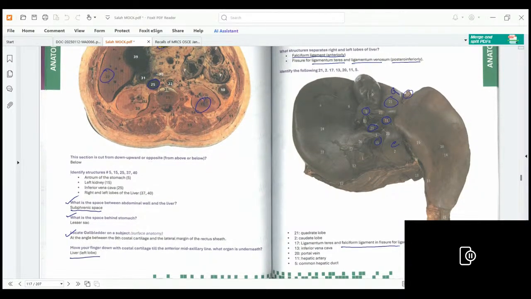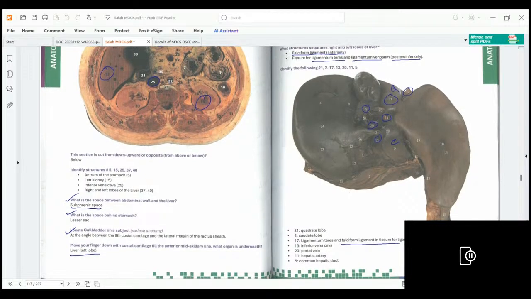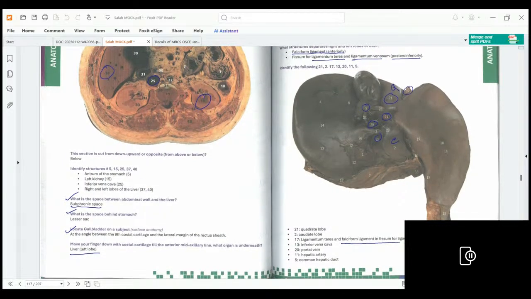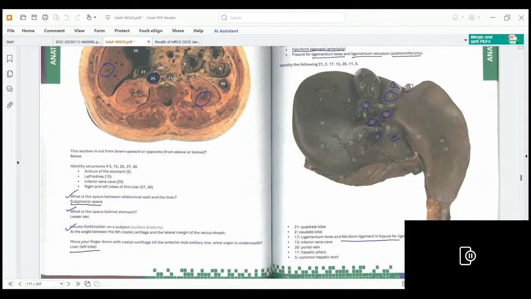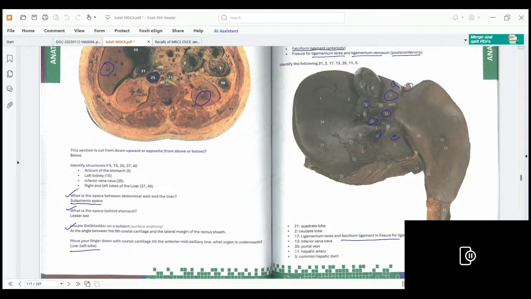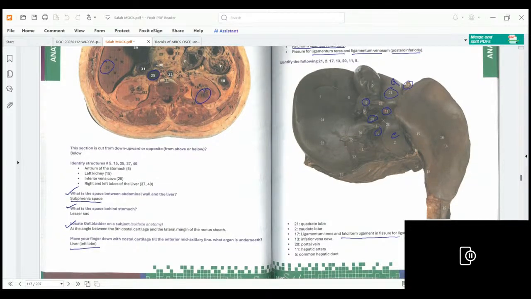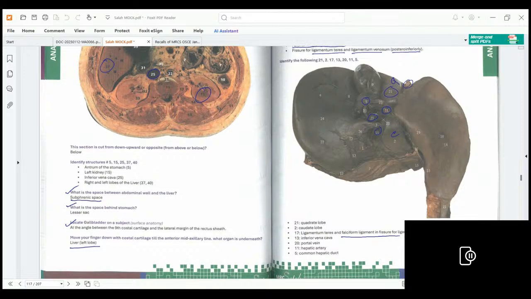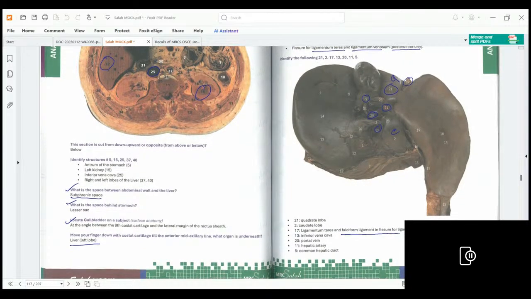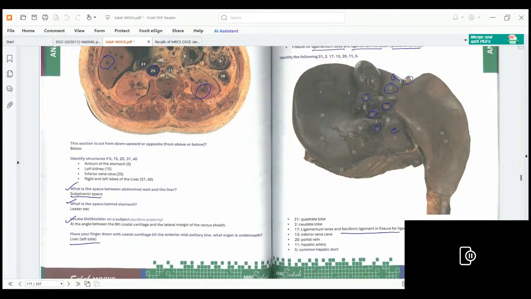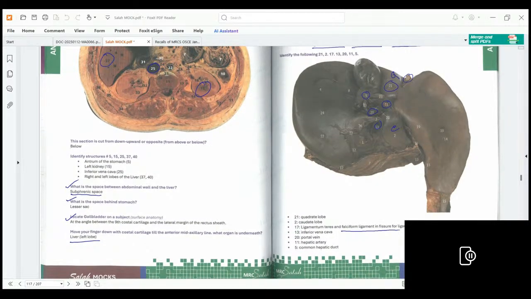Okay, good. Surface anatomy: at the angle between the ninth costal cartilage and the lateral margin of the rectus sheath.